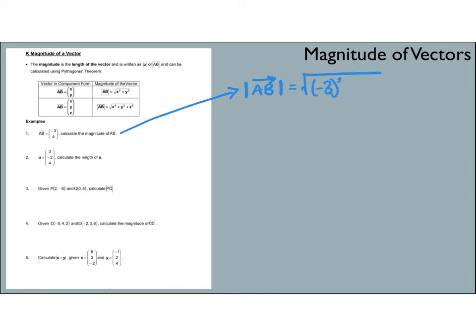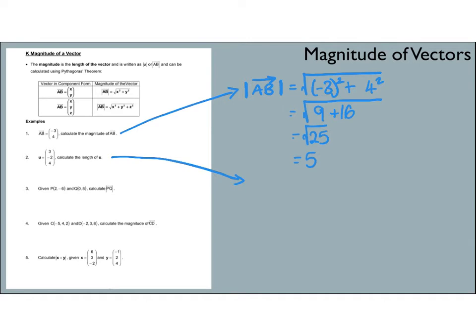So minus 3 squared and 4 squared, and remember we're adding that because we are finding the length of the hypotenuse. That first one comes out as 5. It should be easy enough, because we worked on these yesterday.